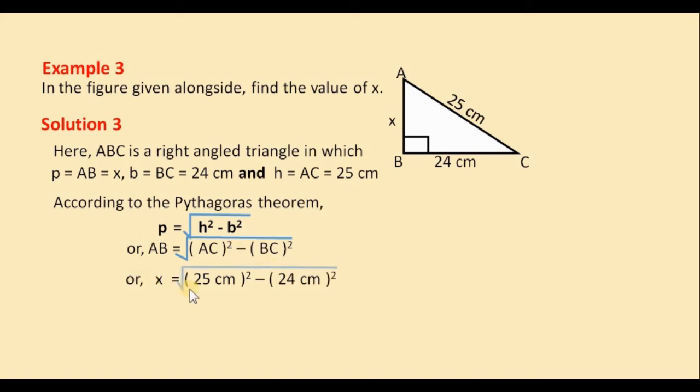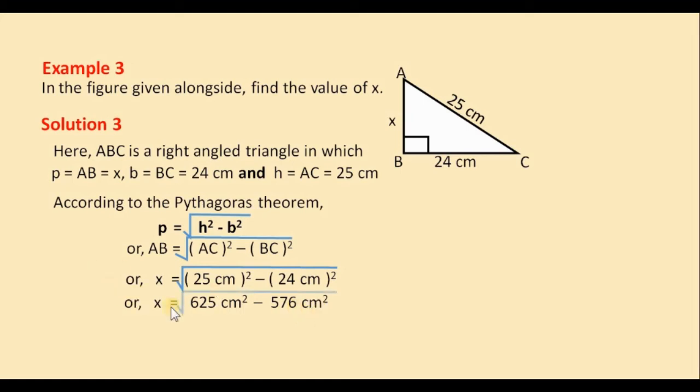Therefore X is equal to square root of 25 centimeter whole square minus 24 centimeter whole square, or X is equal to 25 centimeter whole square, which is 625 square centimeter, minus 24 centimeter whole square, which is 576 square centimeter.